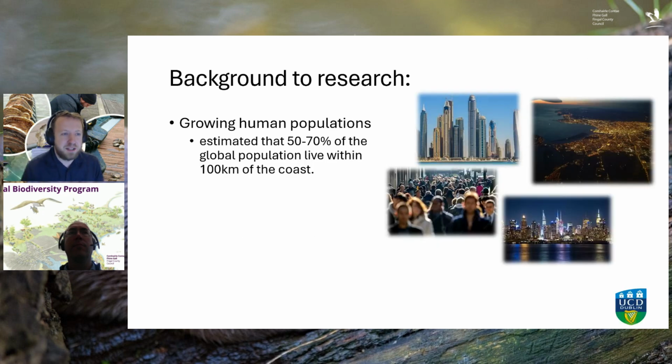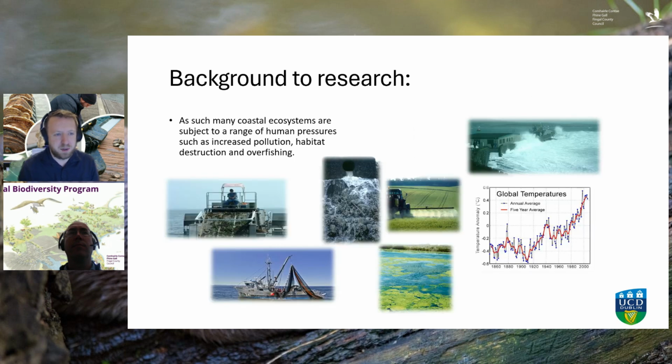A little background to the research: with growing human populations, it's estimated that 50 to 70% of the global population live within 100 kilometers of the coast. And as such, many of those coastal ecosystems are subject to a range of human pressures, including pollution, habitat destruction with industrialization, and of course, overfishing for food supply.